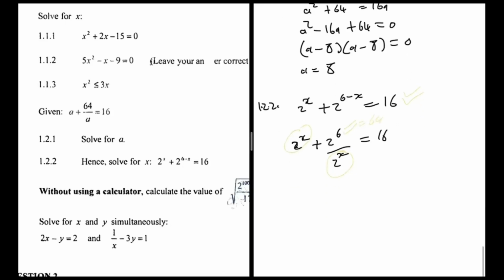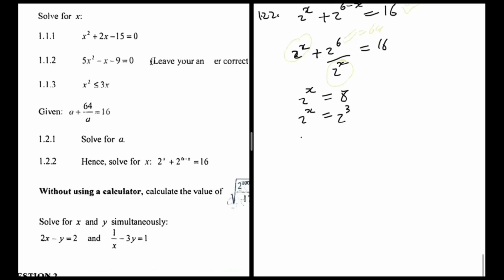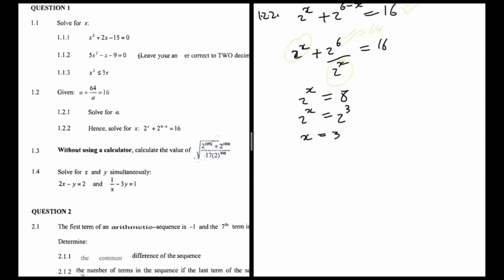So now we can say that 2 to the power of x is equal to 8, because in place of 2 to the power of x we have a, which is supposed to be 8. So 2 to the power of x is equal to 2 to the power of 3, because now if we write 8 with a base of 2, we're able to drop the base and equate the exponents, right? So from here we can see that x is equal to 3, and then we have solved 1.2.2.